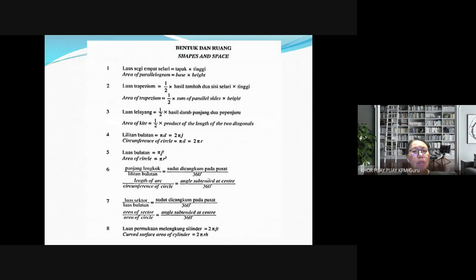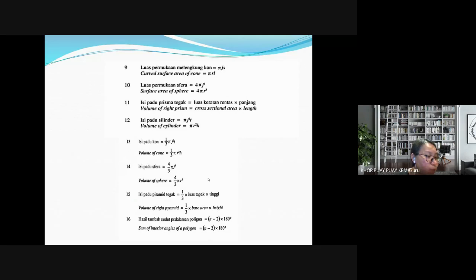Okay, next one, in another page of formula, you'll be given formulas regarding shapes, that is area, and also circles. All these formulas for circles are normally more for your lower forms, your Form 1 and Form 2. But area, who knows, you might need it. And also surface area and formula for volume.